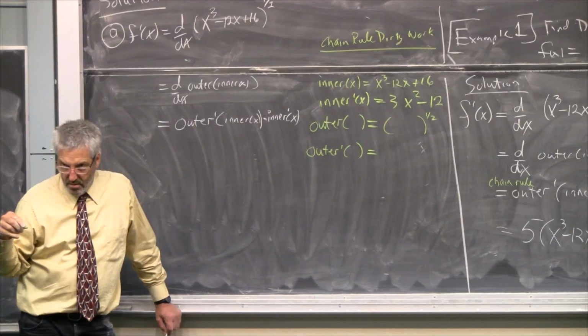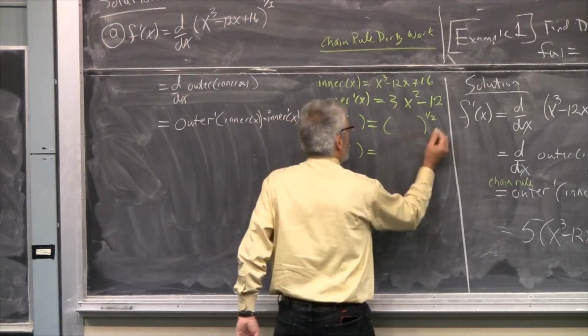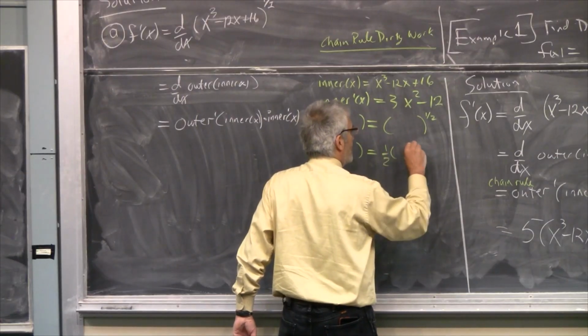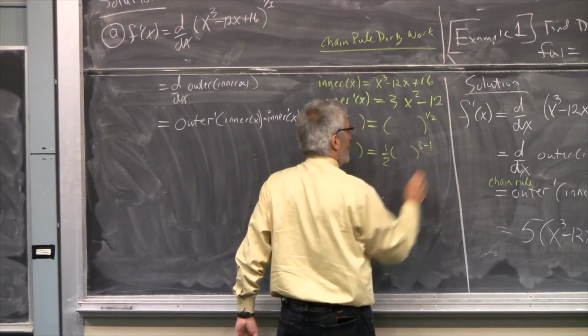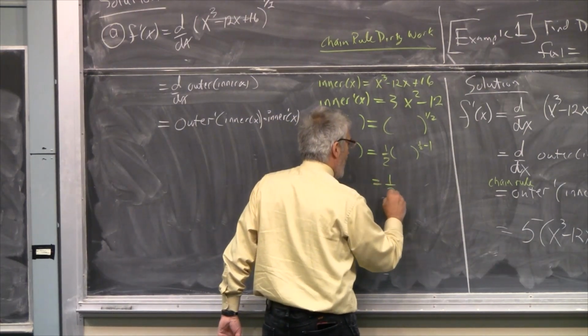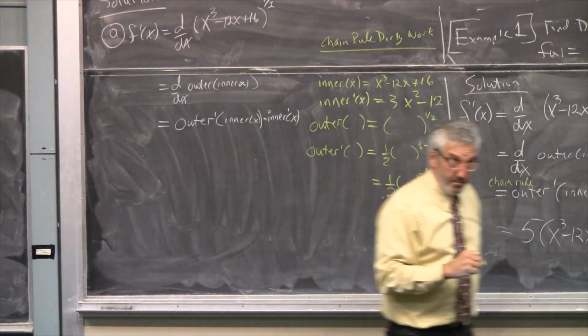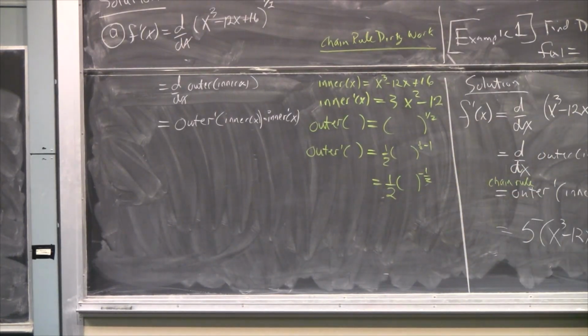Yeah, and let's do this in baby steps. 1/2 times parentheses to the 1/2 minus 1. So that's where you get 1/2 parentheses to the minus 1/2. But that's not simplified, right? You can't leave something with a negative exponent. So how do I rewrite that?